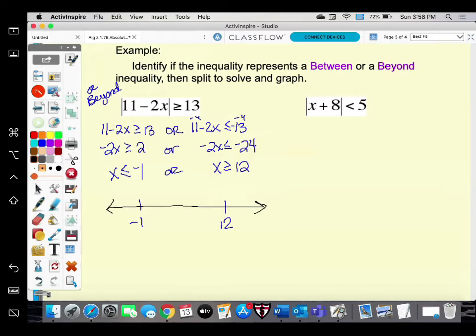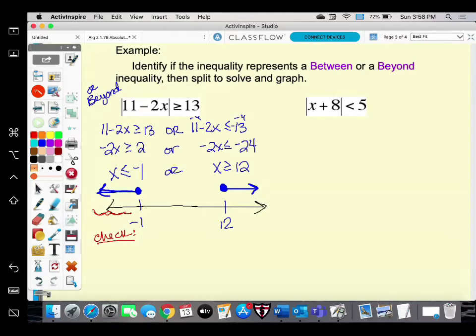So I'm going to have a closed circle here at negative 1 and go off to the left, and a closed circle at 12 and go off to the right. And then of course we can check our work, which is always a really good idea. But now to check it, we don't necessarily use the values that we solved and put on the number line. We want to choose something over here in this solution region.